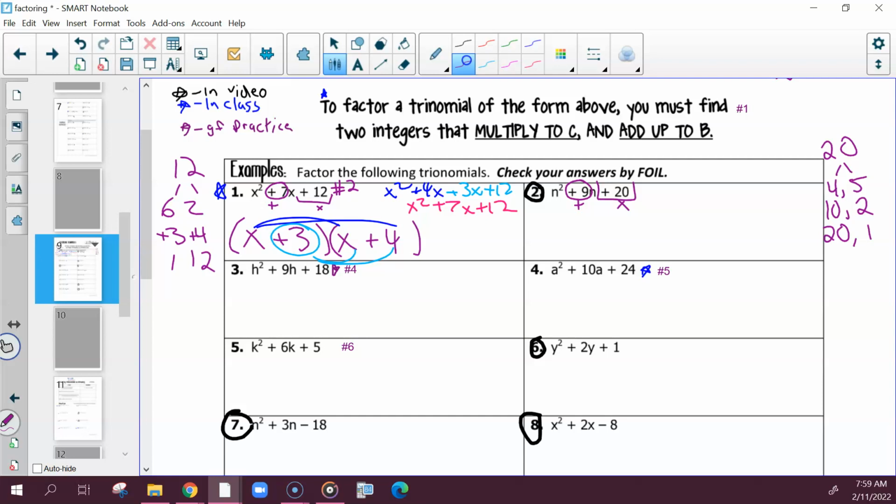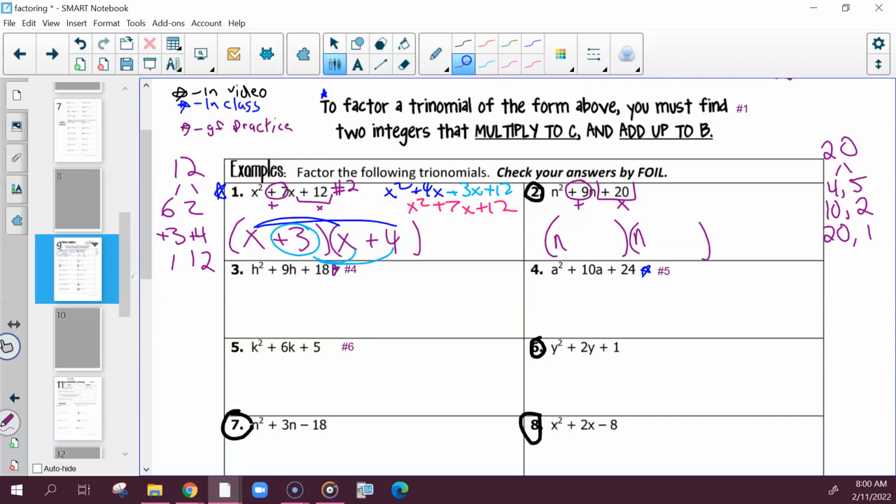4 and 5. Now again, you may realize that without doing the factor tree, and once you get the hang of this, that's fine. The factor tree is not necessary for all of these problems, but it will also help you. This is not x, this is n. Be careful with your variables because they will change. They may not always be x.